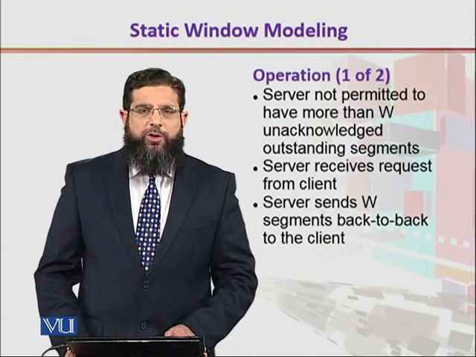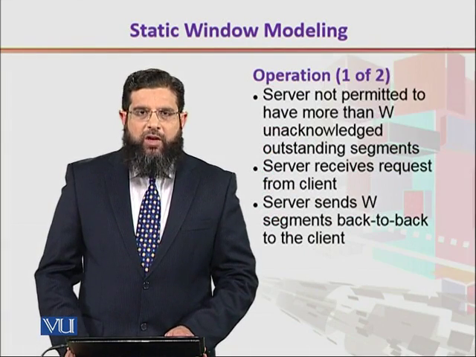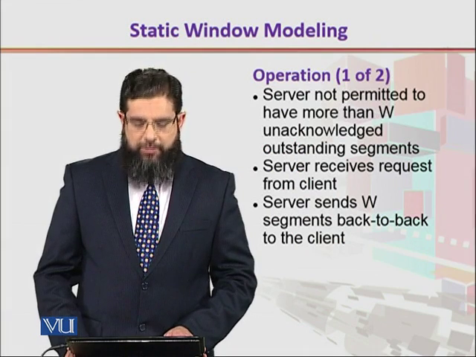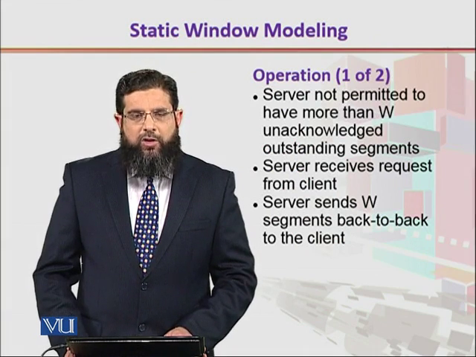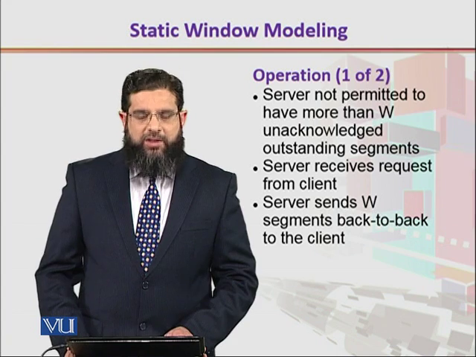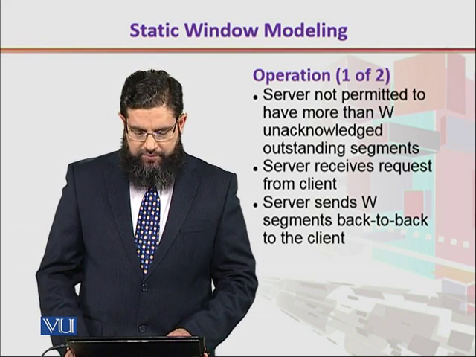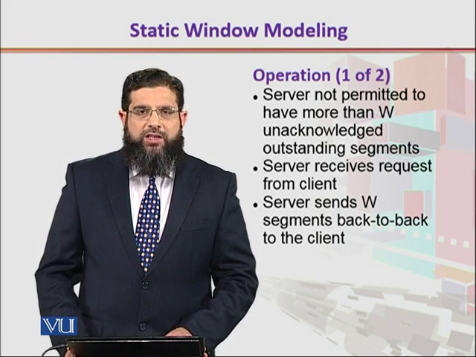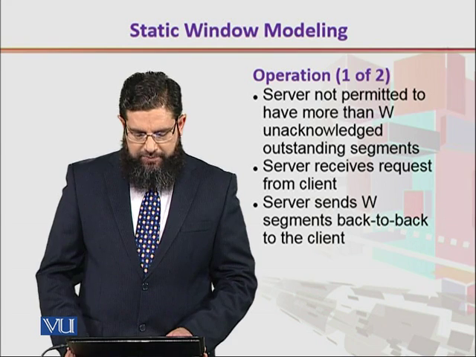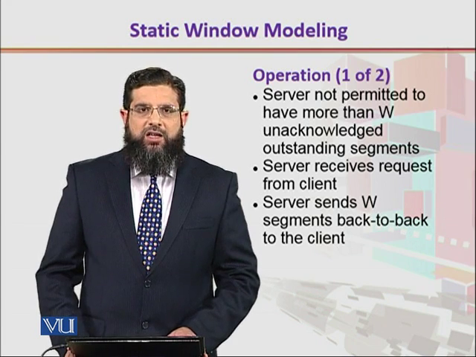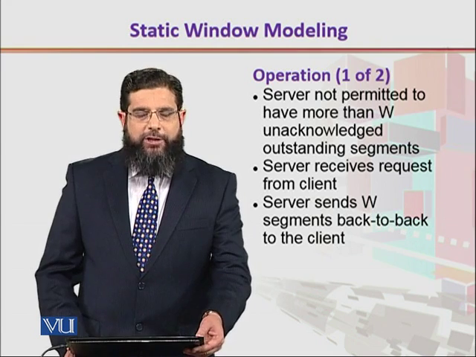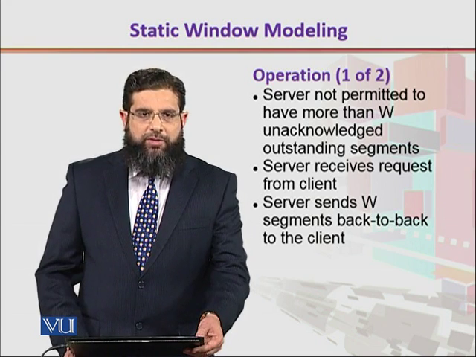In order to visualize such a scenario, and if you were to model it in simulation, the operation has to be seen that the server is not permitted to have more than W unacknowledged outstanding segments. When the server receives a request from the client, it sends W segments back to back without expecting acknowledgement for the first one.